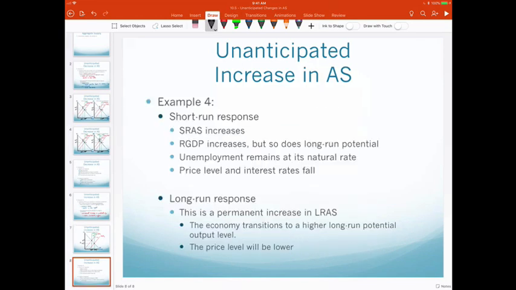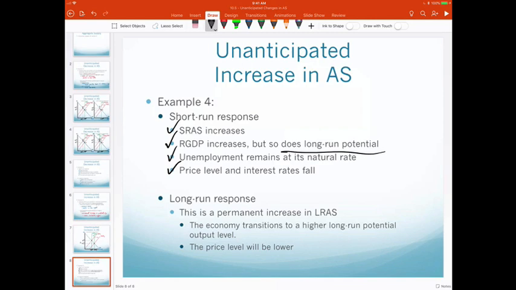So to summarize, our short run response is kind of the same as the long run response. Short run aggregate supply increases, real GDP increases, but so does our long run potential. Unemployment kind of remains the same because it's going to have a new natural rate, but price level and interest rates will fall.